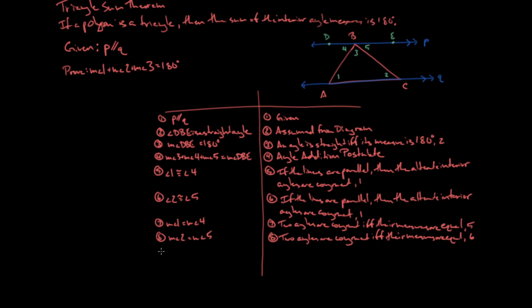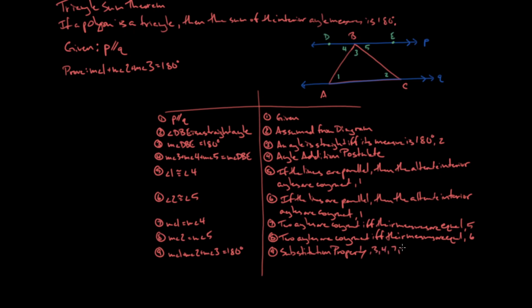And so I can do this all at once and say that the measure of angle 1 plus the measure of angle 2 plus the measure of angle 3 all adds up to be 180 degrees. And I'm just going to cite the substitution property. I have to talk about statements 3, 4, 7, and 8.